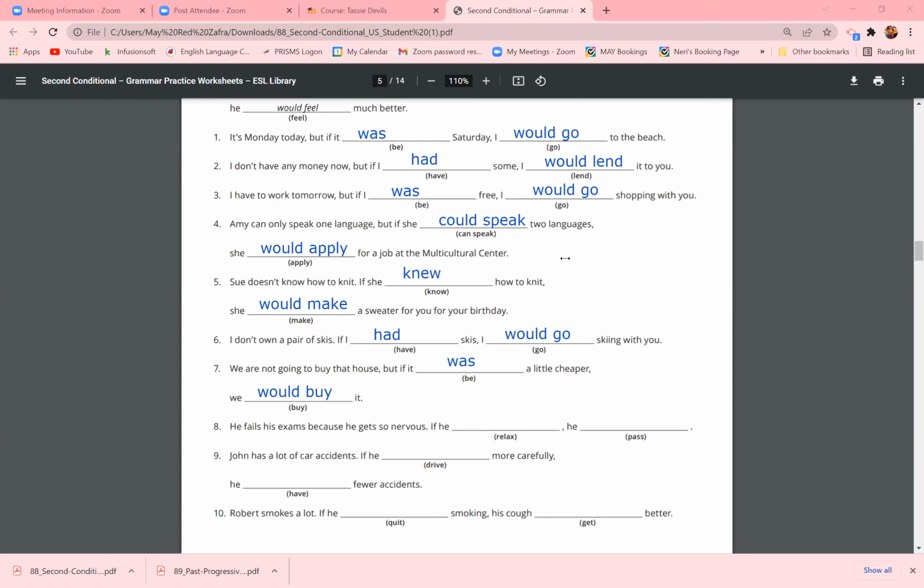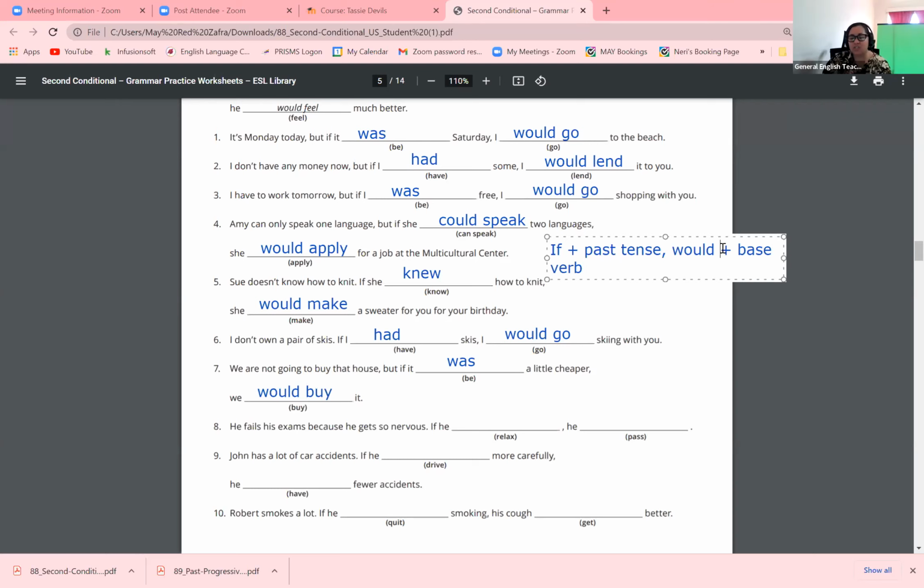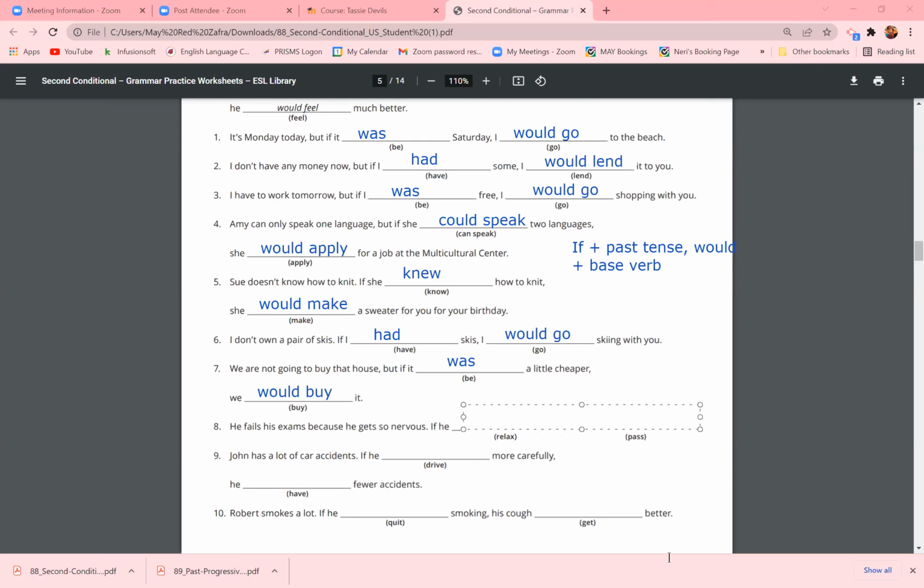Remember, what is the structure? If plus past tense, there is no would in the first one, comma, would plus base verb. So don't forget that. That is the formula. If plus past tense, would plus base verb. So if, then this has to be past tense. What's the past of relax? Relaxed. Can you spell that for me, please?